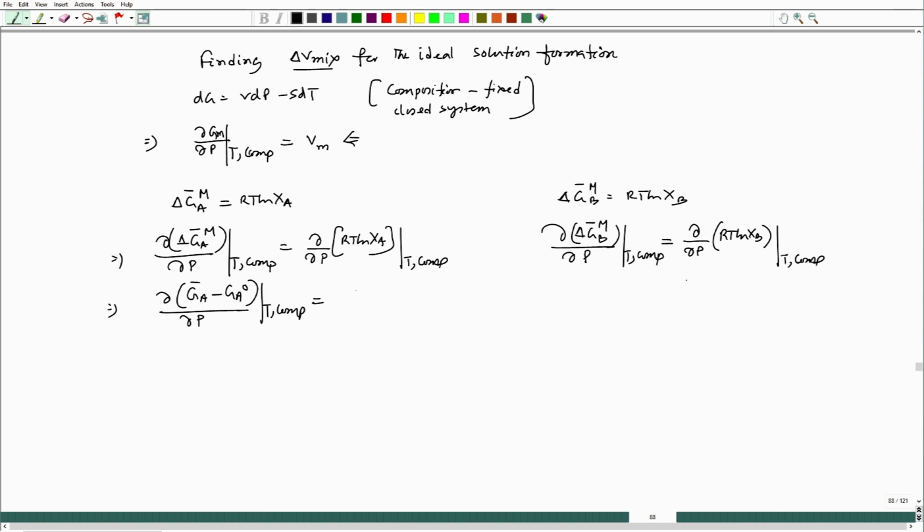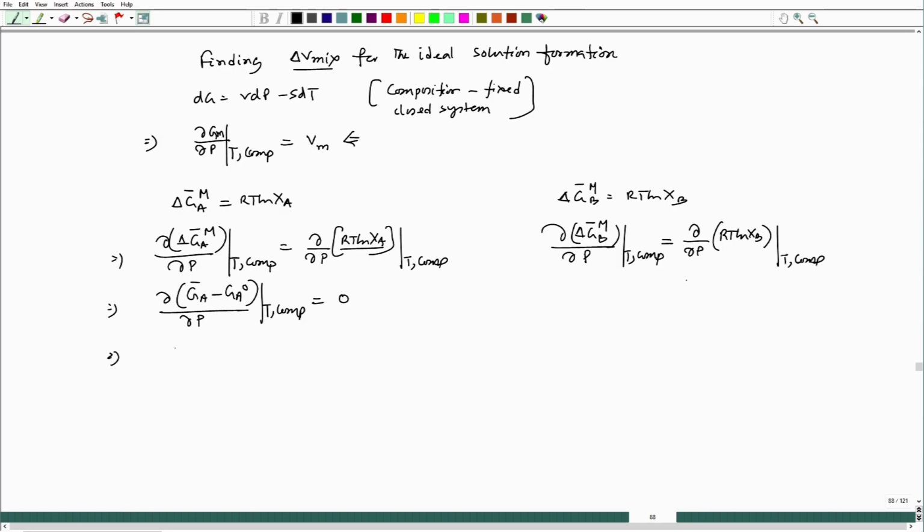Now, coming back to this, R is a constant which is the universal gas constant, T is the temperature which is constant because we are taking temperature constant, and X A is the composition which is also fixed, and X A does not depend on pressure. So, then this goes to 0.